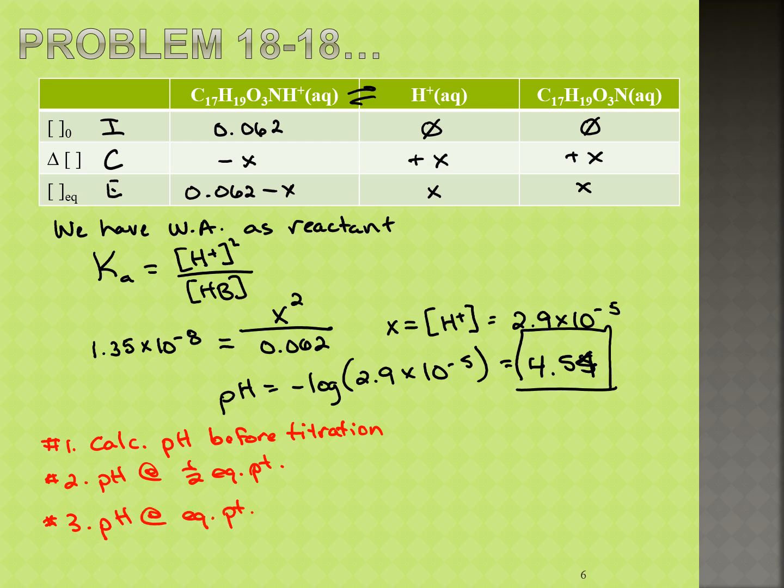Those are standard questions about titrations that you might see. So we did it for a weak base, strong acid here. Make sure that you can do the other two types just in case those show up.